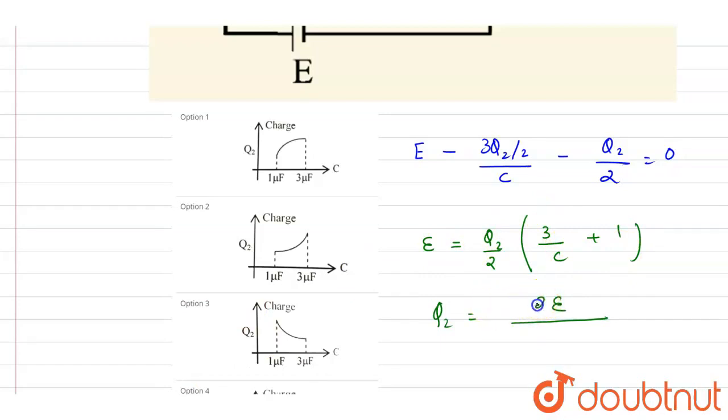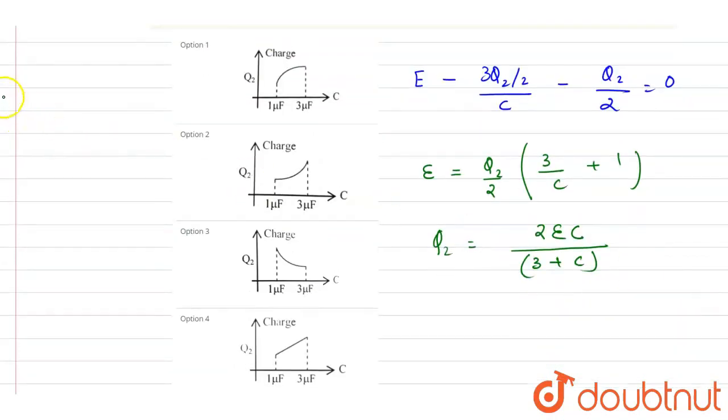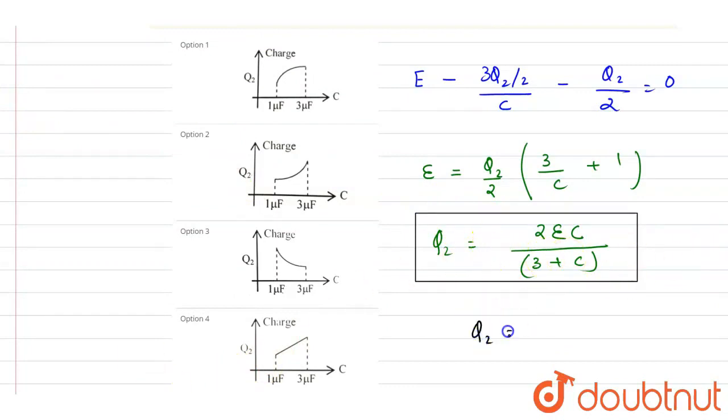So if you see, this is 2E upon 3 plus C, with C only again in the denominator. Now this will be the charge on the capacitor, right? So you can see very clearly that it is 2E upon this.